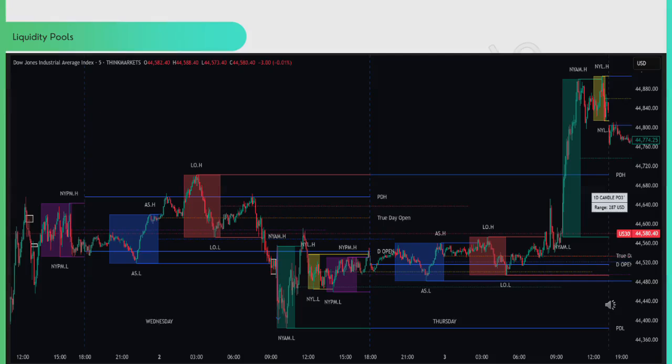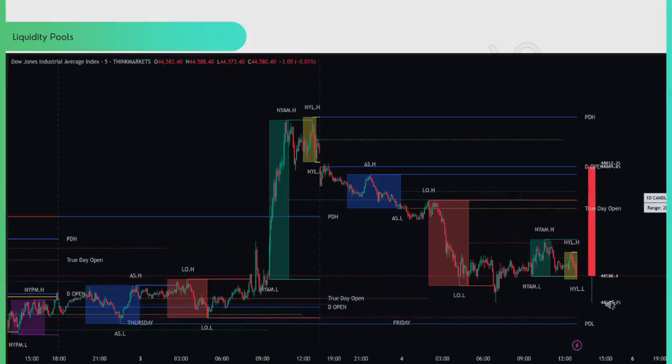Then the other open there refers to the midnight open. PDH is previous daily high, PDL is the previous daily low. So you see that price usually comes towards those, either the session highs or lows, or the previous daily highs or the previous daily lows. And that's how it repeats on a daily basis.